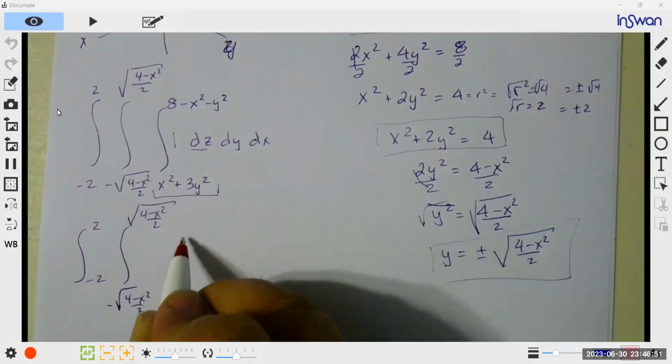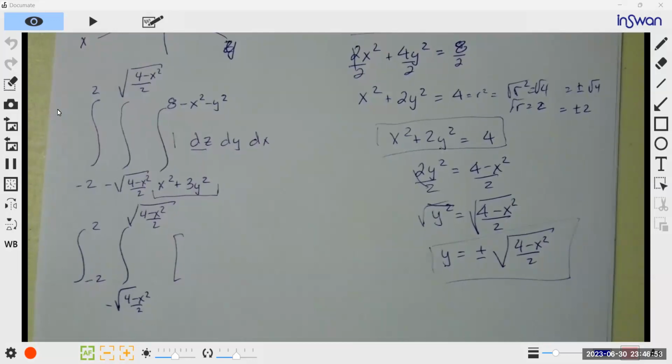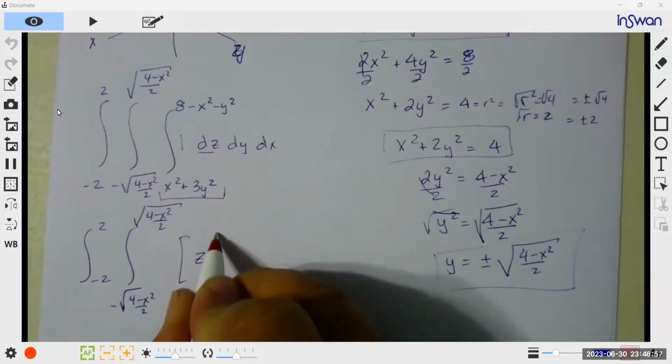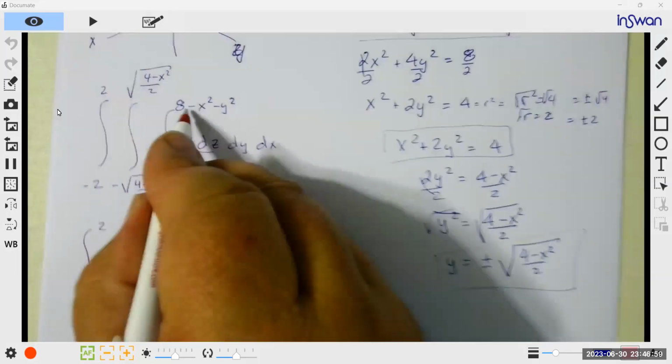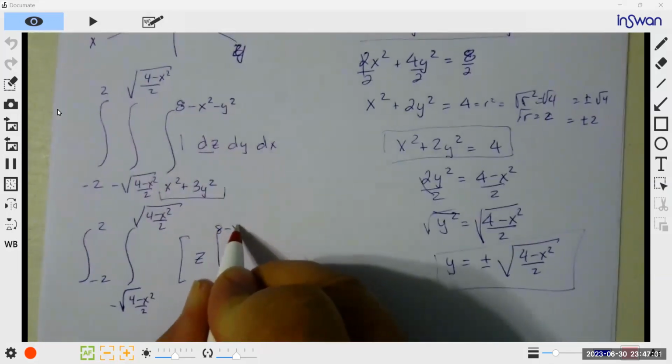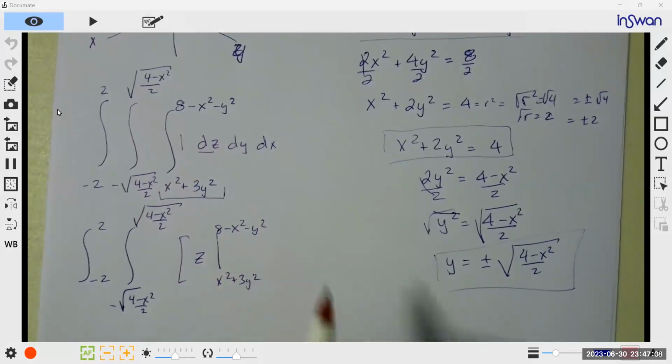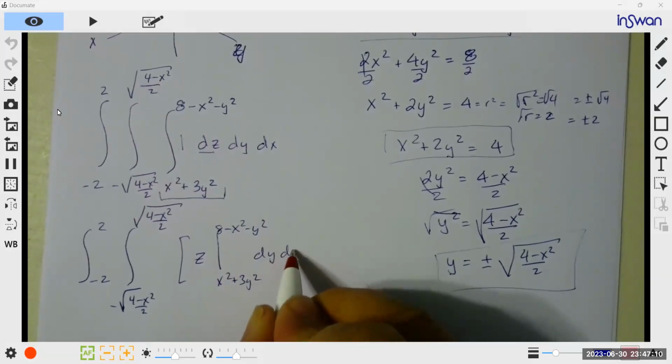The writing part's going to be the worst. So the integral of 1 is z, and it goes from x squared plus 3y squared to 8 minus x squared minus y squared, dy dx.